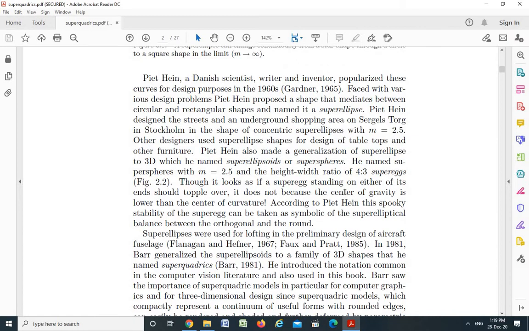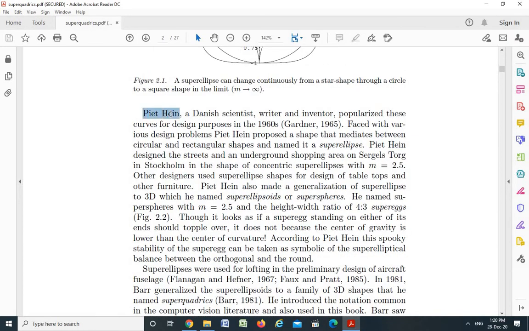Piet Hein, a Danish scientist, writer and inventor, popularized these curves for design purposes in the 1960s. Faced with various design problems, Hein proposed a shape that mediates between circular and rectangular shapes and named it superellipse.